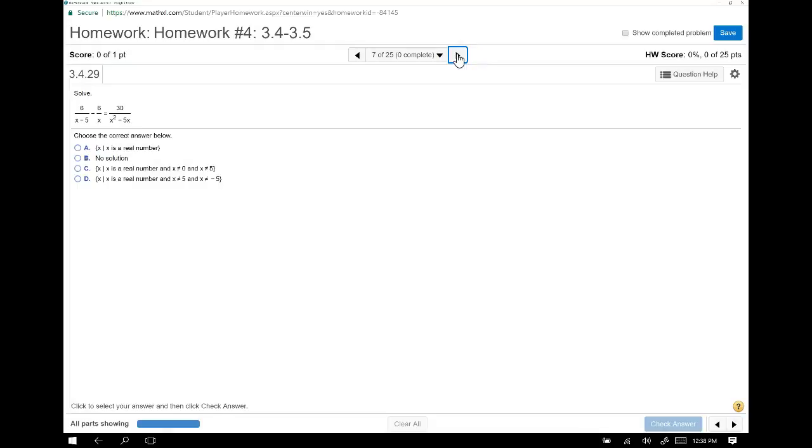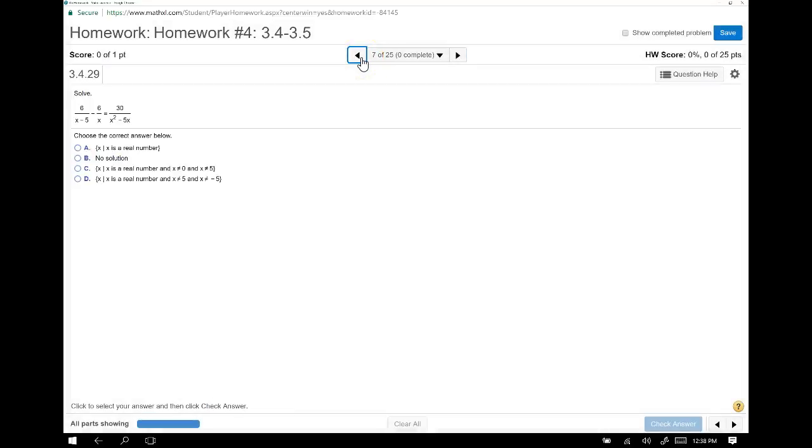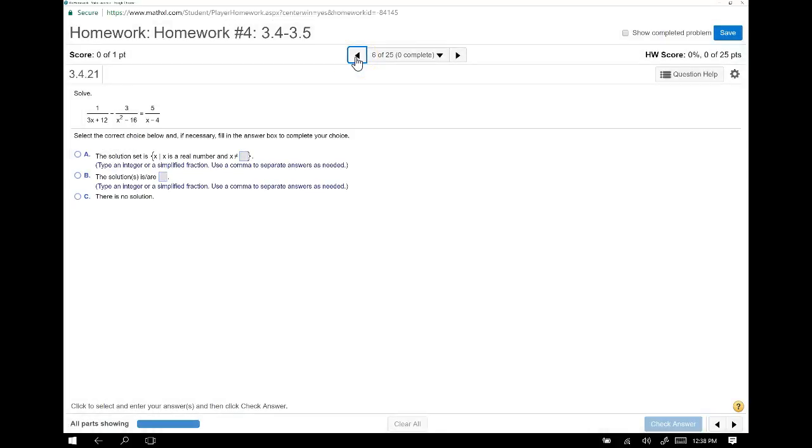To fix these, we need to get rid of those denominators. Denominators signify division, so to get rid of division, we do the opposite. We multiply. But the trick is, we need to multiply by one thing that will cancel all of the denominators. Let me pick one here that can be representative of all of them, and I'm going to pick this one right here.